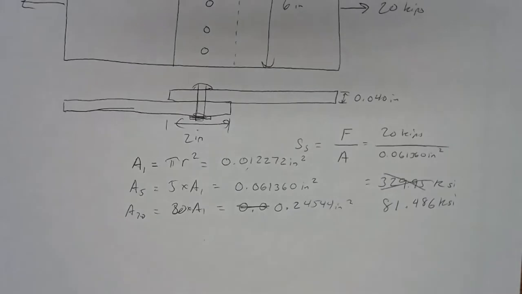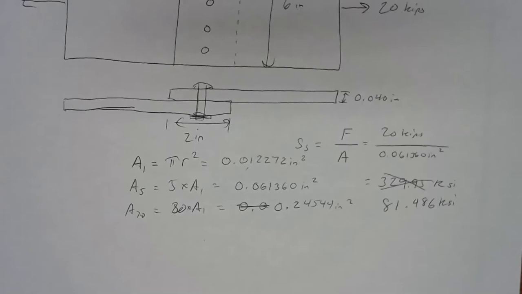Well, it's a step in the right direction, but it's still pretty high. In fact, looking through my table here, the only thing I readily see available that has an ultimate shear stress above 81 KSI is titanium. Titanium has 100 KSI for its ultimate shear strength. So unless we're using titanium rivets, we're in trouble with this.